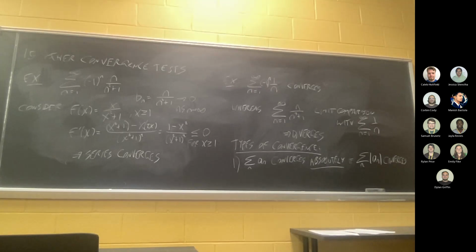For instance, none of the examples currently on the board do that. But if I had (-1)^n over n squared, that would converge absolutely, because when we take the absolute value you get 1 over n squared. That's a p-series that converges.